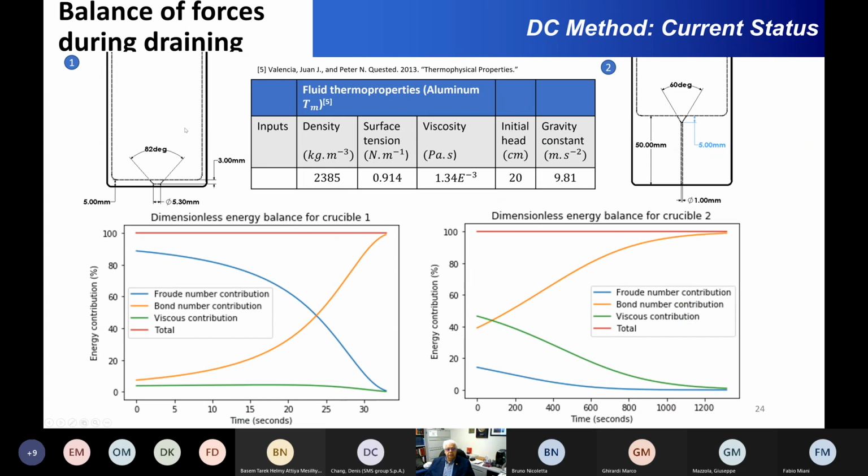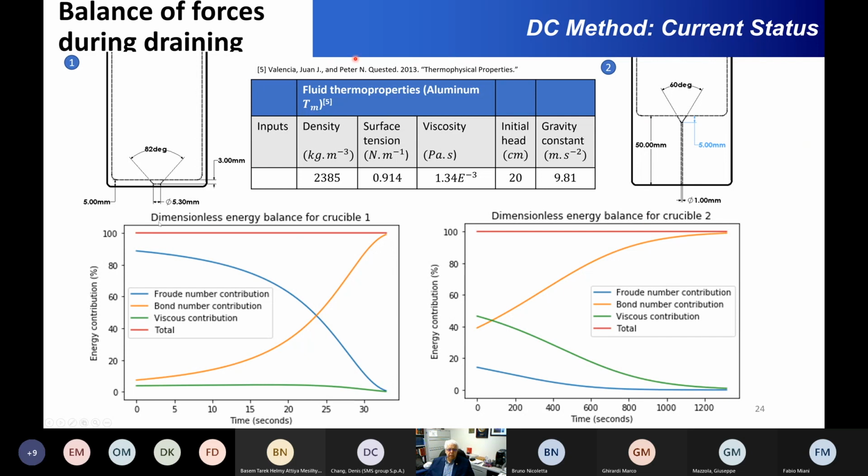So here's a case, this is a model case, looking at two different cases where we're designing in the model a crucible of this geometry versus another crucible of this geometry, running with aluminum alloy at a melting point.